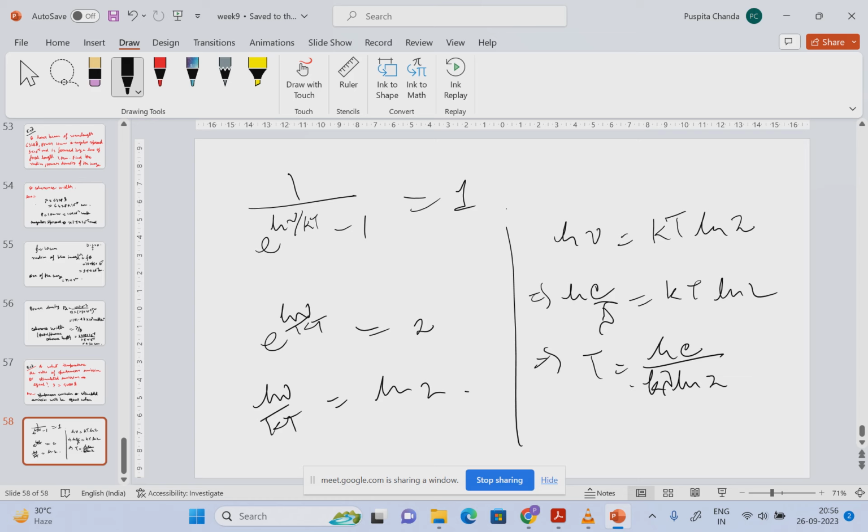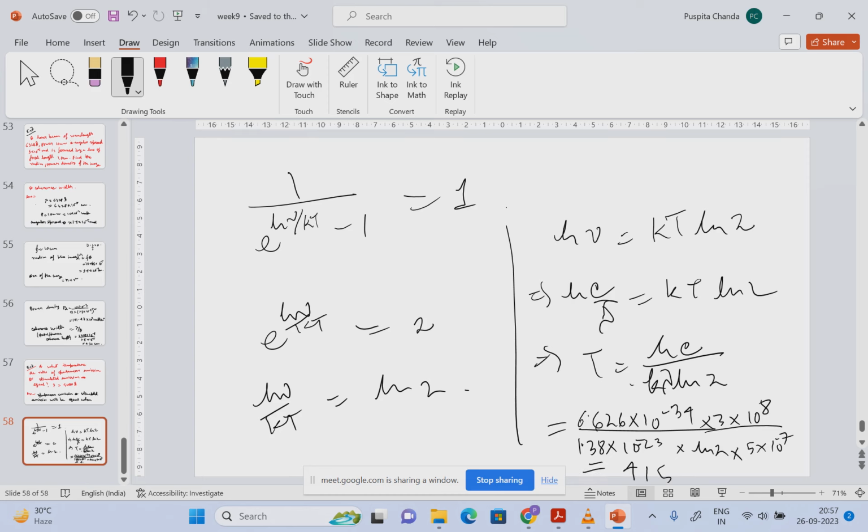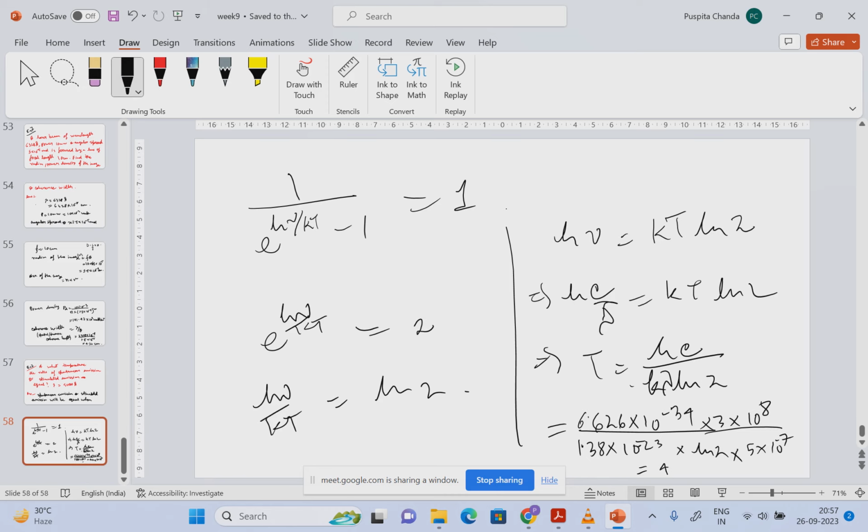So putting all the values here, 6.626 into 10 to the power minus 34, 3 into 10 to the power 8, K is 1.38 into 10 to the power minus 23, ln 2 into 5,000 angstrom. This is 41562.1 Kelvin.